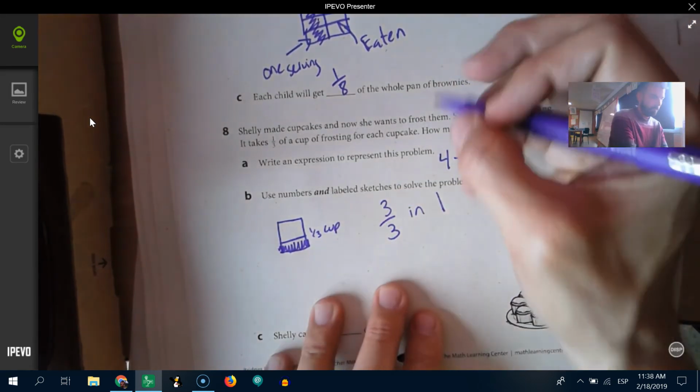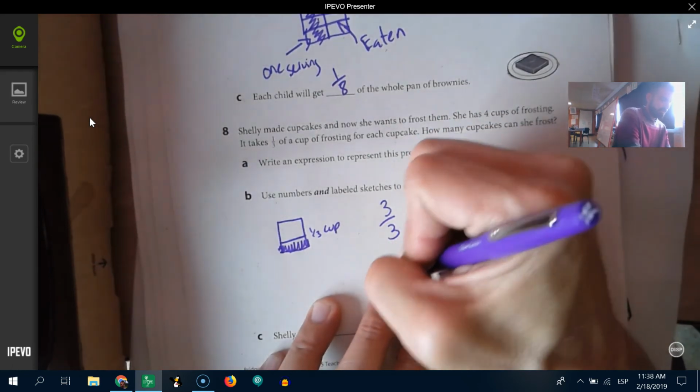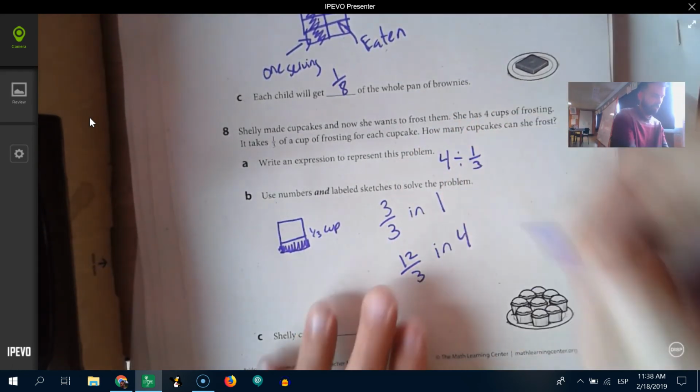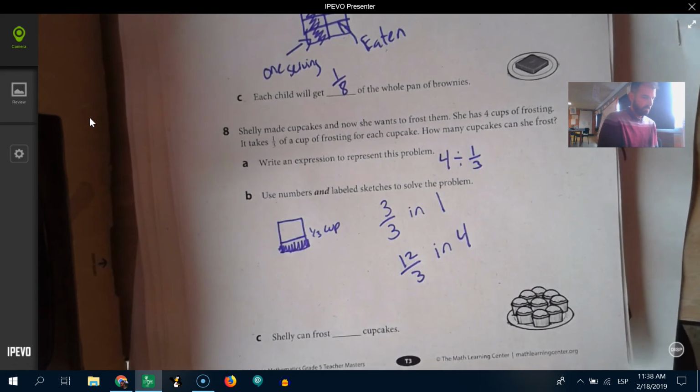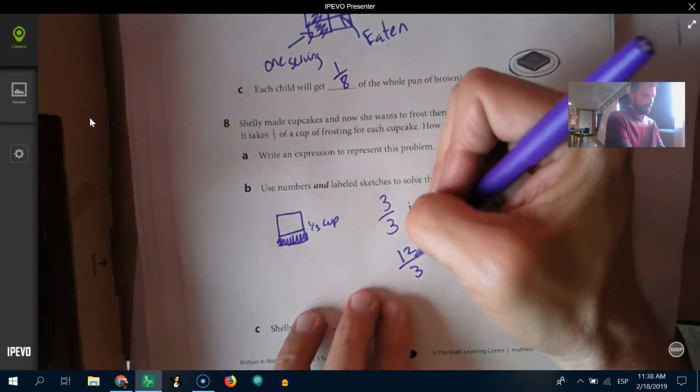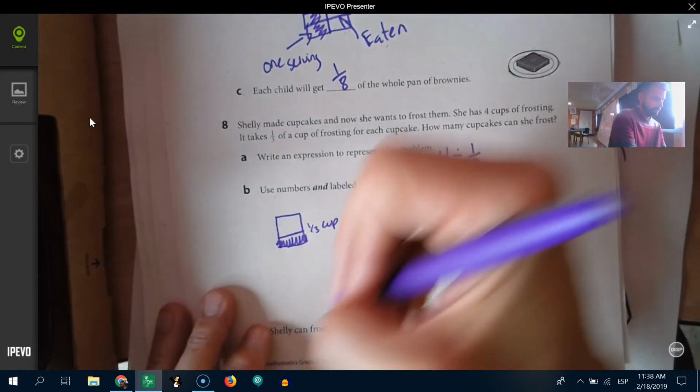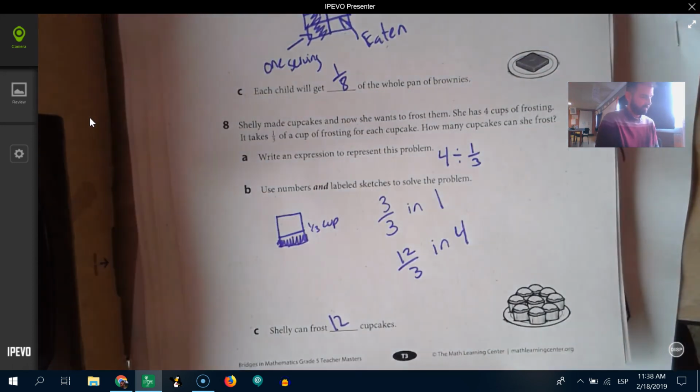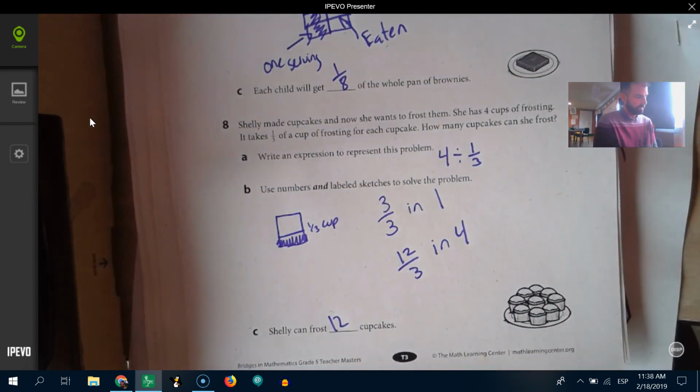So that means in 4 I have 12/3 in 4. So I have 12. 12 cupcakes. Right? 1/3, 12 times. 1/3 of a cup of frosting for each cupcake. So I can do 12 cupcakes. Okay. All right. Bye.